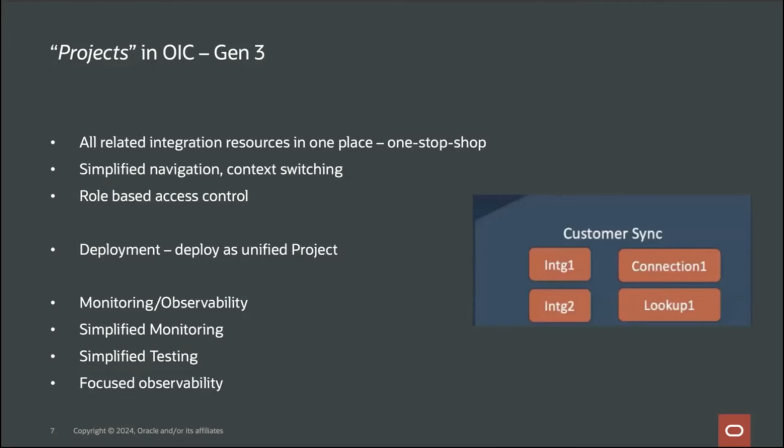So all of your integrations, connections primarily, but also your lookups, your libraries, and looking forward, events, pub sub events are all now going to be under kind of one logical container or one logical bucket, you could think of it. So only these integrations will have connectivity to the connections in here. You can also share connections across projects. But it gives you a higher level of control, it gives you a more organized process for development.